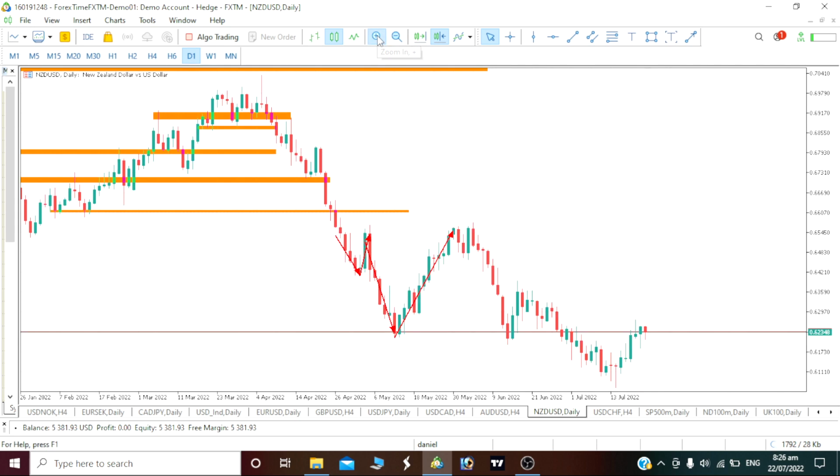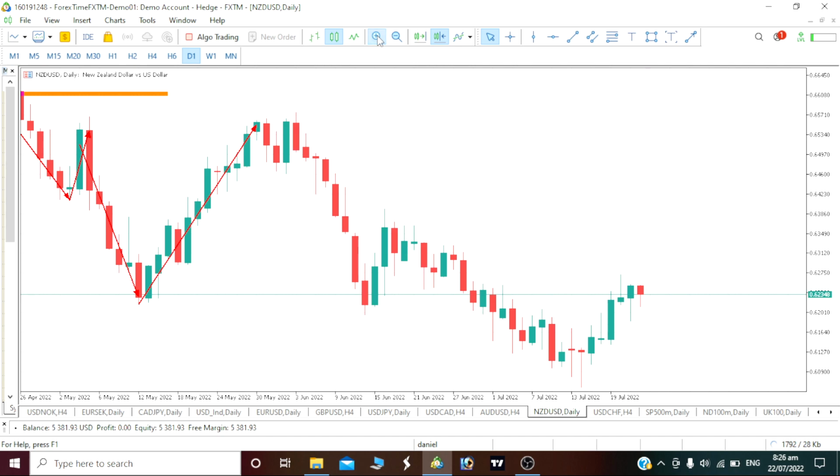By the way, we will start from our daily time frame. You can see we are on an uptrend move on our New Zealand USD. And guess what? We've analyzed our DXY, and our DXY is showing us a bearish move. So once we have that bearish move on our DXY, we would have that bullish move on our New Zealand USD.